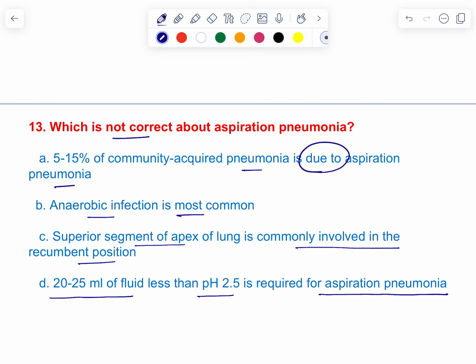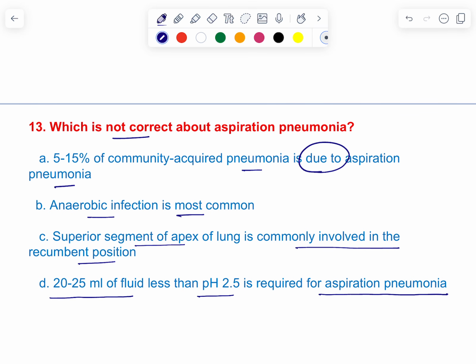What you have to understand is that, depending upon the position of the patient during aspiration, the lobe of the lung which is involved is different. When the individual is in supine position and has aspirated, the lobe affected is the superior segment of the right lower lobe.